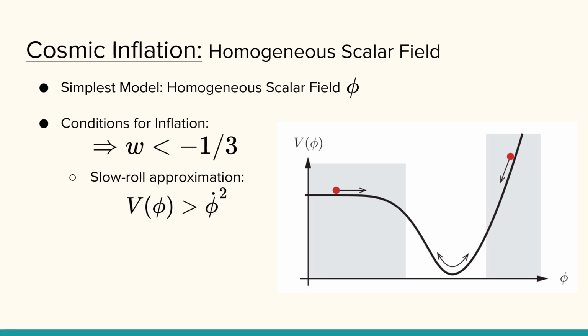Now, this condition for the equation of state is related to what is called the slow roll approximation, which is that the potential of the scalar field must dominate over the kinetic energy, as you can see in this graph here, where the gray regions indicate periods of inflation.